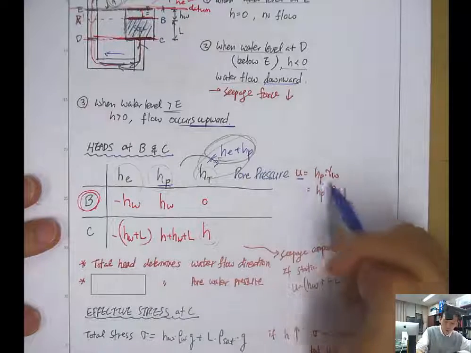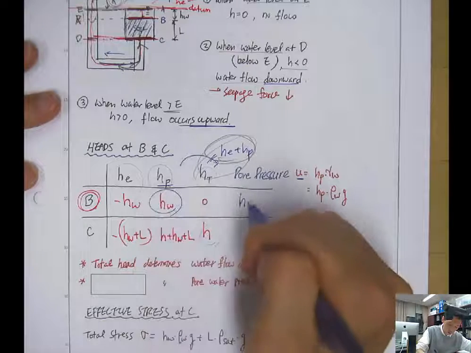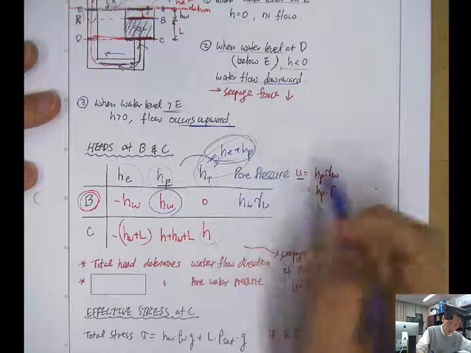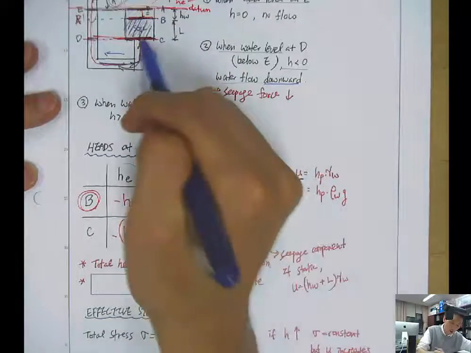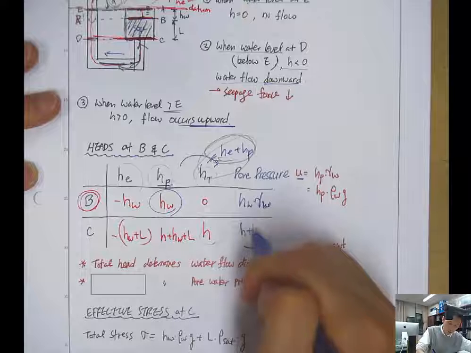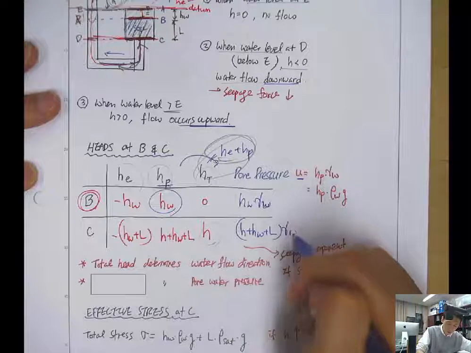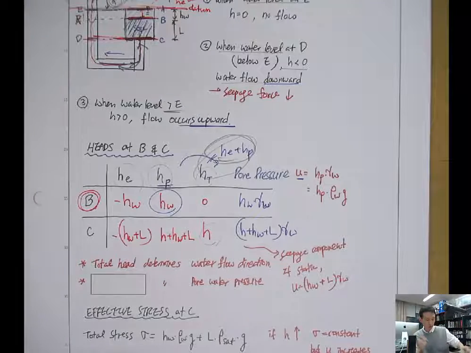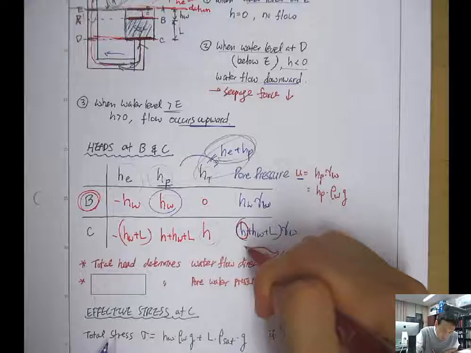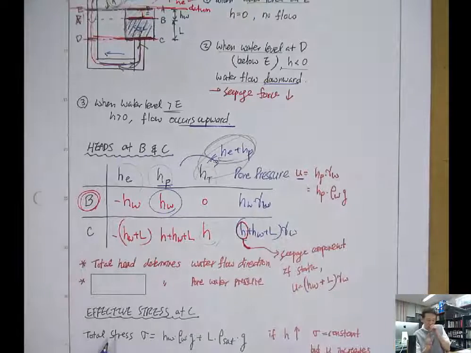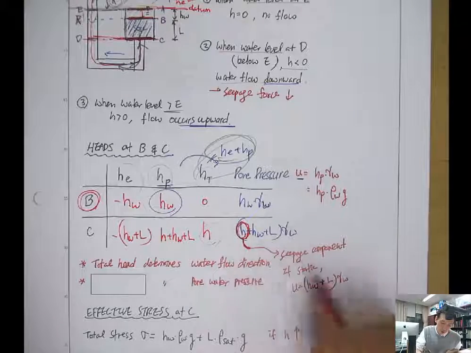So pore pressure is always HP times gamma W. So here HW times gamma W will be the pore pressure at B. And at C, the pore pressure will be H plus HW plus L times gamma W. So then, when you look at the pore water pressure, the H component is the seepage component.